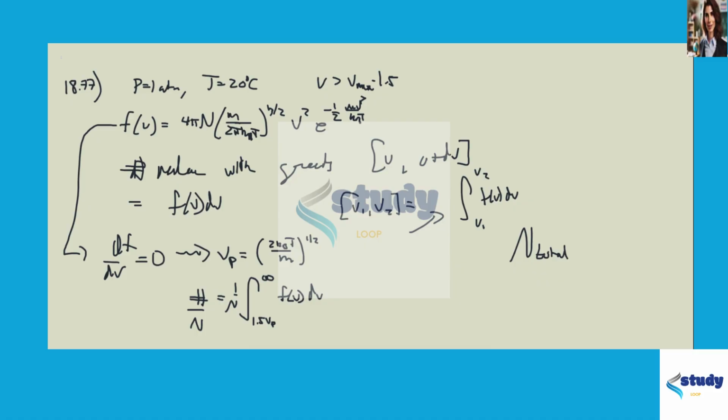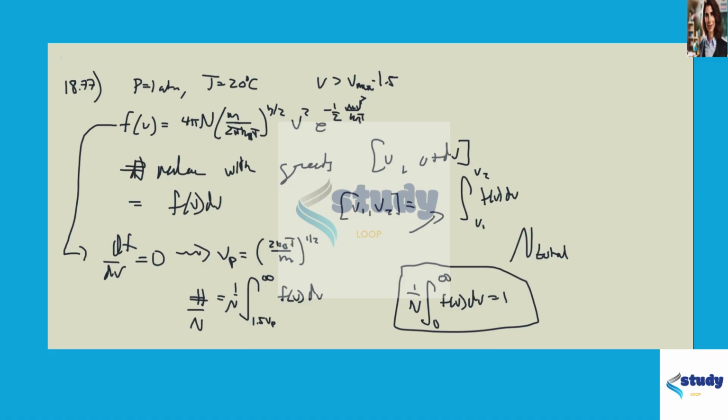We also know that this is a probability distribution, so it must be normalized. That means 1 over N times the integral from 0 to infinity of f of v dv must be 1. That's what the normalization criterion tells us.